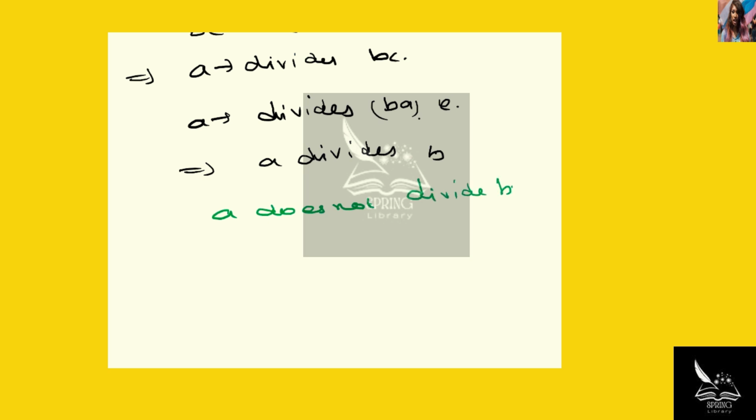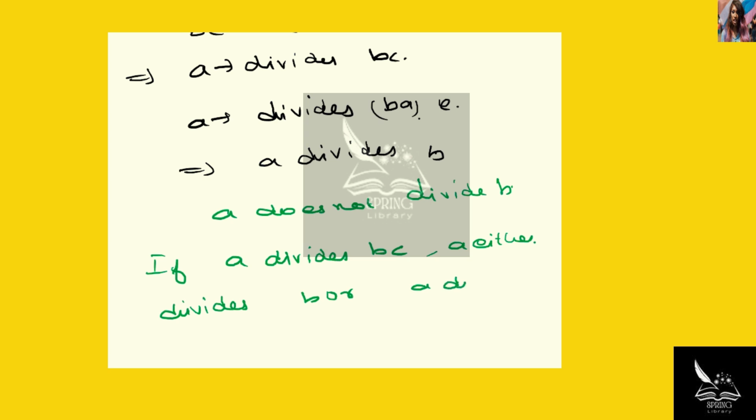In both cases, we reach a contradiction. Therefore, our assumption, that if A divides BC, A either divides B or A divides C, is false.